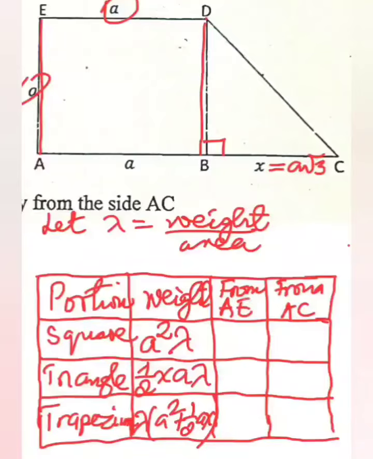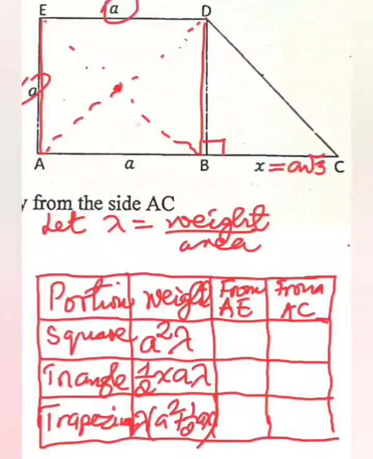On this column where we are looking for distances of the component centers from AE, I'm going to start with that of the square. The center of the square is in the middle where the diagonals intersect, and we are looking for the distance from that center to AE. Just the square, don't look at any other part of the lamina.